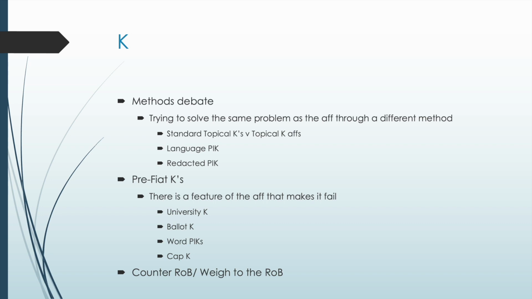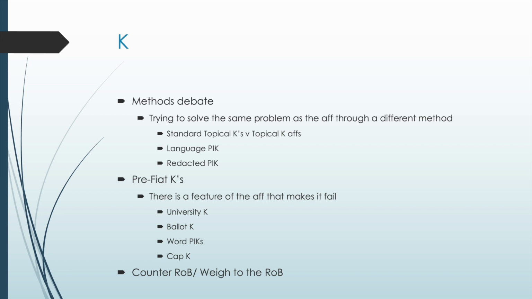Now, the note I have here at the bottom is that when it comes to our Ks against K Affs, we want to consider the way that the role of the ballot debate plays into this. So I always recommend reading a K that has a counter role of the ballot to the role of the ballot within the K Aff.